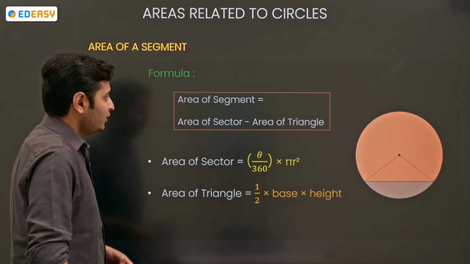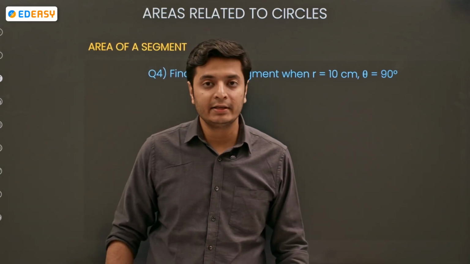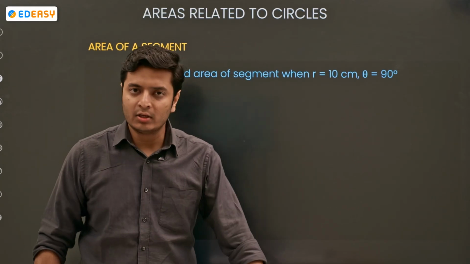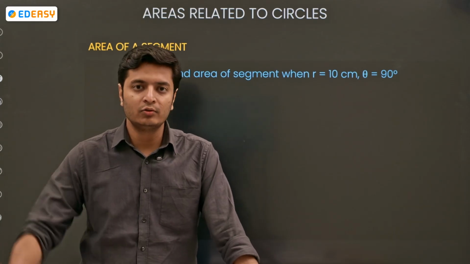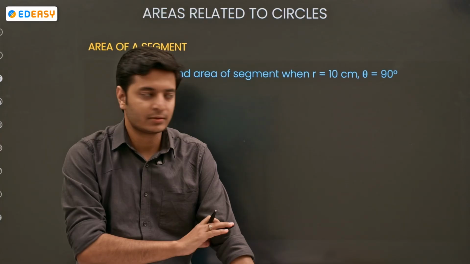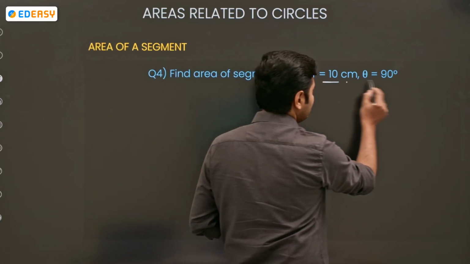So, an example on how to find the area of a segment. If you are given any problem and you are getting confused, what will you do? You will create a very neat and clean diagram first. So we need to find the area of the segment where r is given and theta is given.